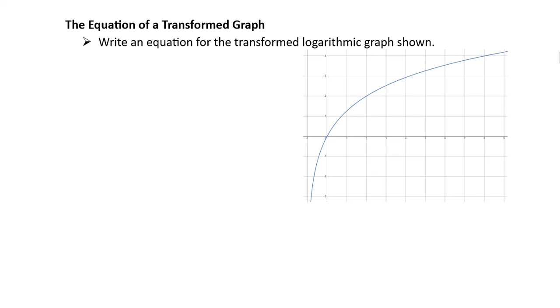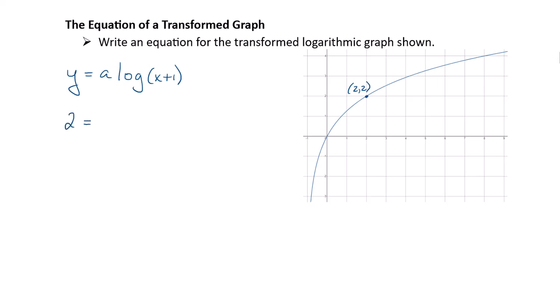The equation of a transformed graph. Let's see if we can write an equation for this transformed logarithmic graph that's already been placed on the graphing plane for us. Well, this is going to be some form of y equals a log x plus 1. We'll go ahead and make sure that we put this in base 10. So I can see that I have the point 2, 2 on here. So I'm going to use that point for an x and y.